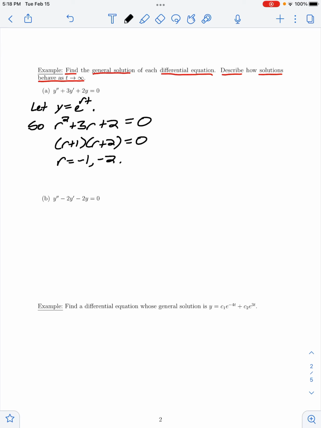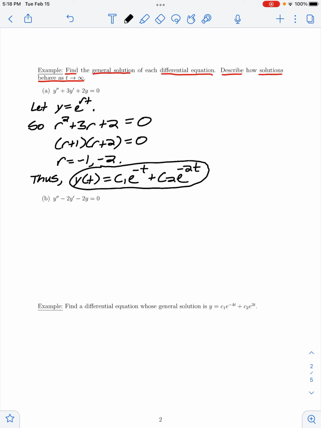So we have two distinct real roots, two different real numbers for my values of r, which means that our general solution, y of t, is of the form c1 times e to the -t plus c2 times e to the -2 times t, where c1 and c2 are arbitrary constants.